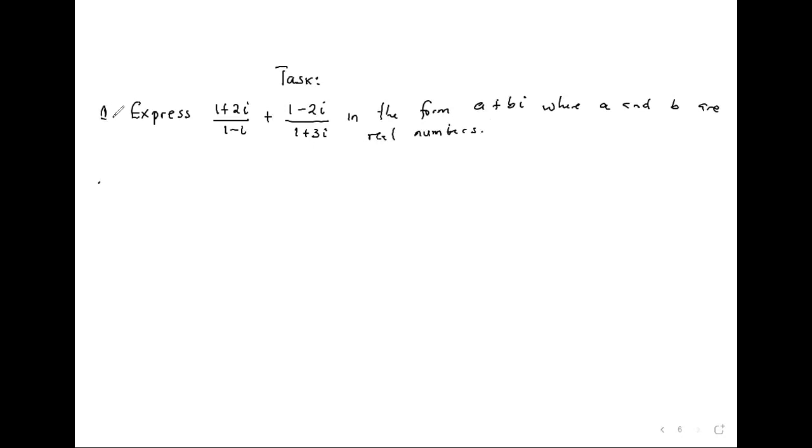This is 1 and 2. Find z in the form a plus bi if z is given as the square root of -3i.